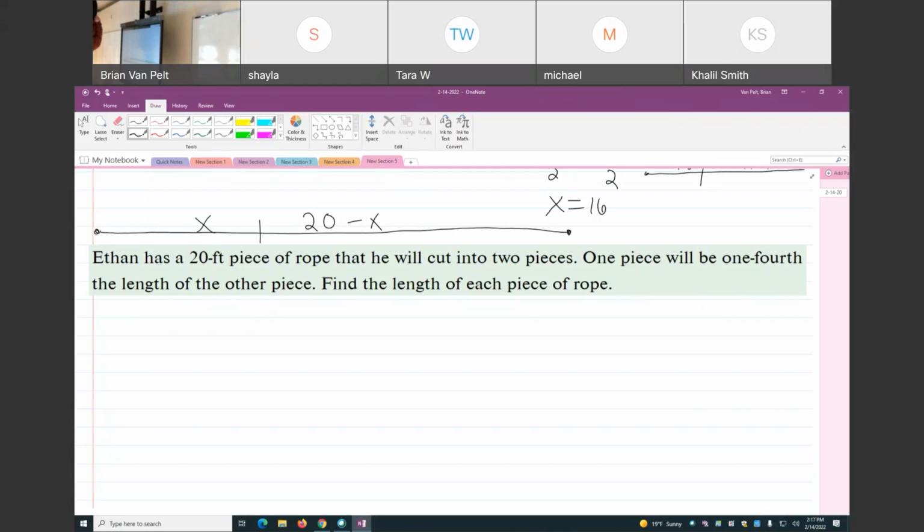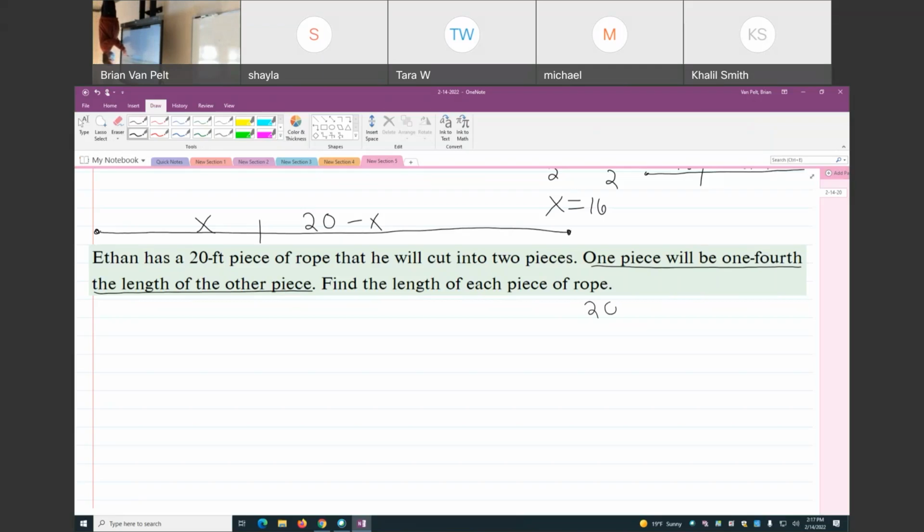The second one. 4x equals what? It says one piece. Tell me which piece do you want, the x or the 20 minus x? One piece.